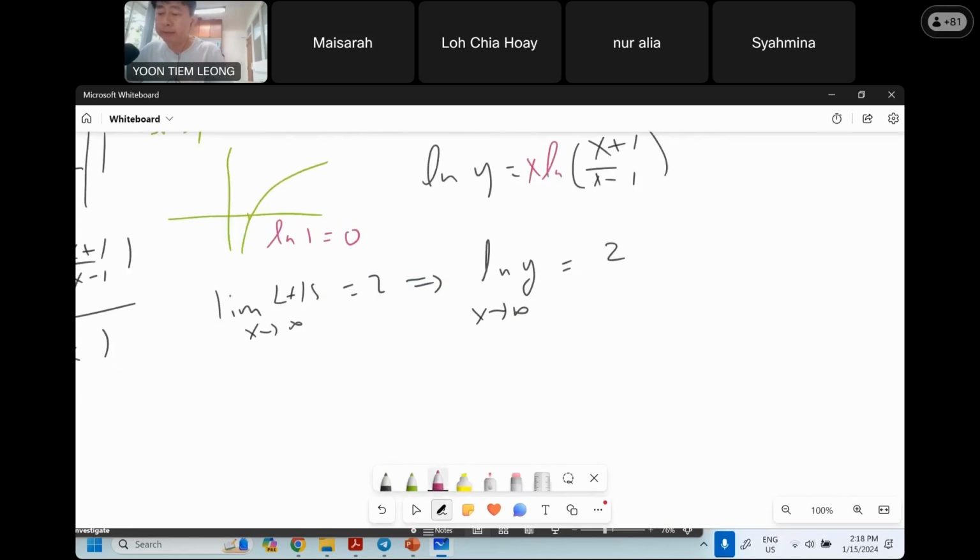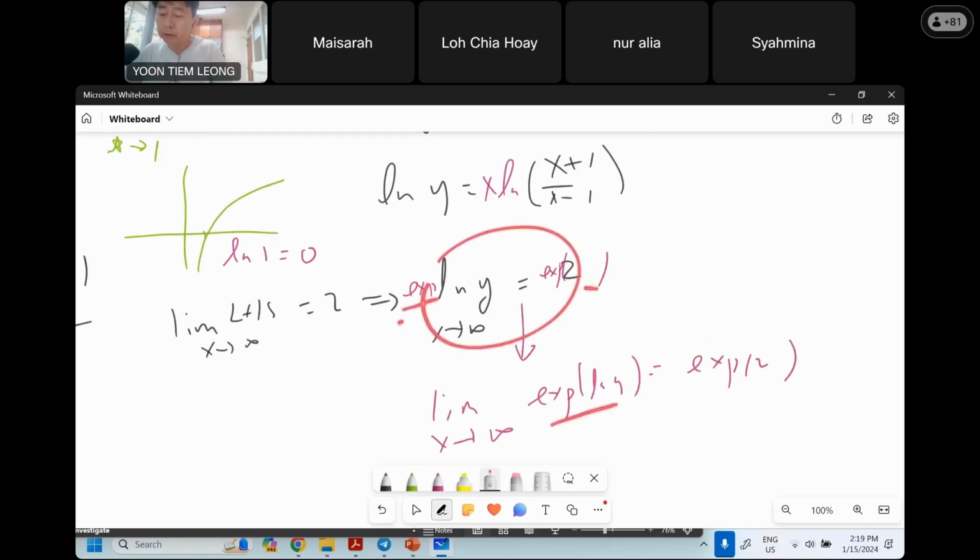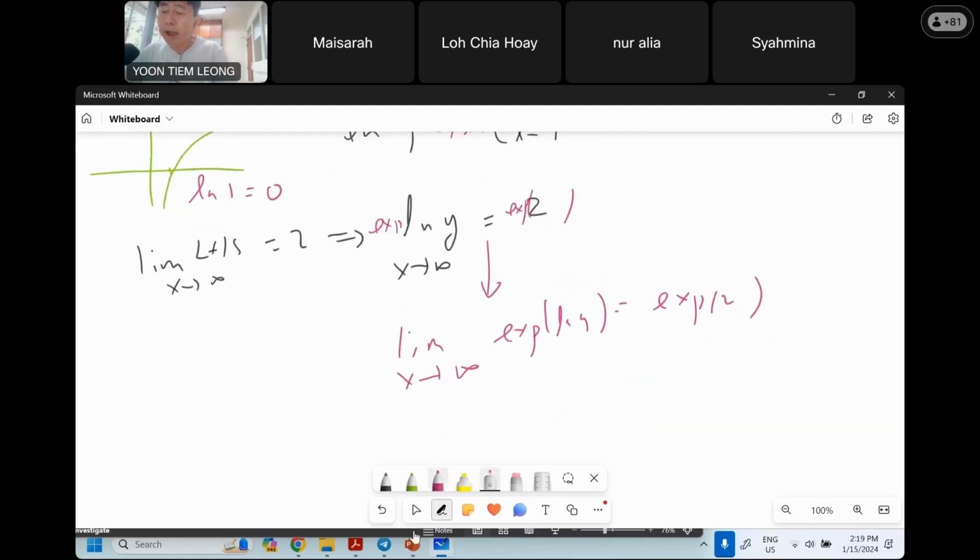You can then simply take the exponents on both sides. So when you take the exponents on both sides, what you can conclude is that in the limit when x goes to infinity, the exponent of the log of y is equal to the exponent of 2. When I take the exponent of the log of y, then what I recover is y.